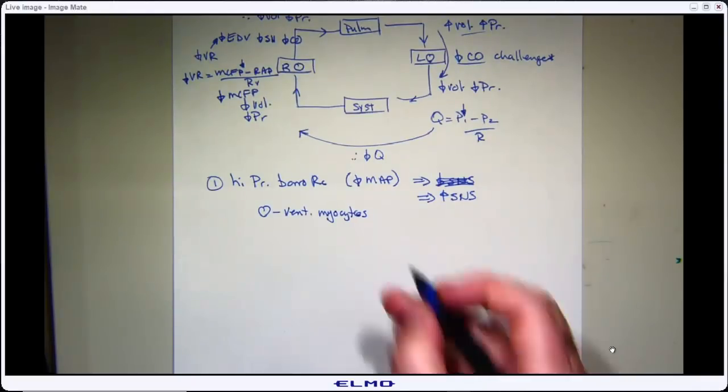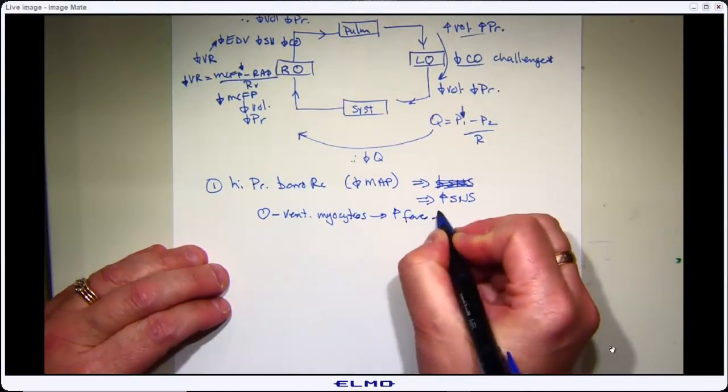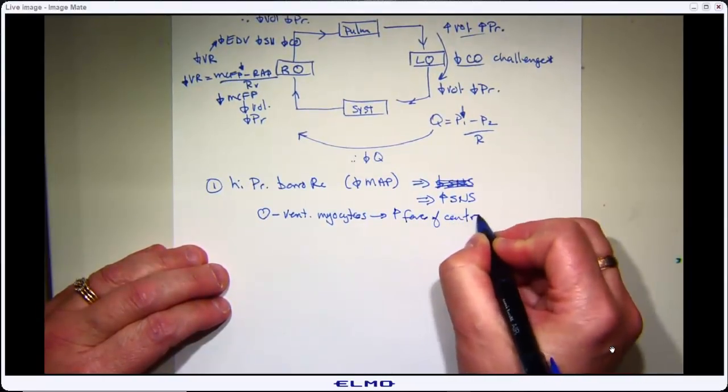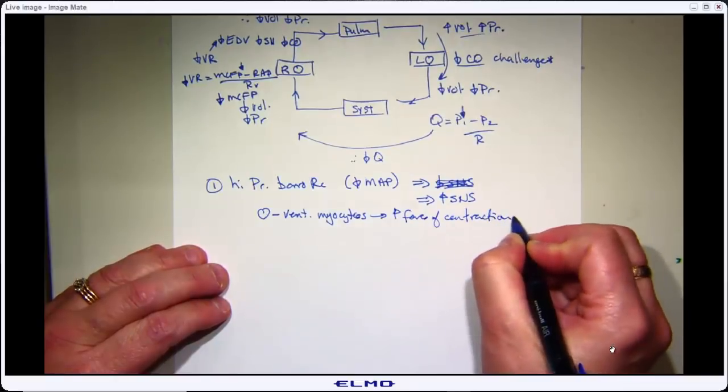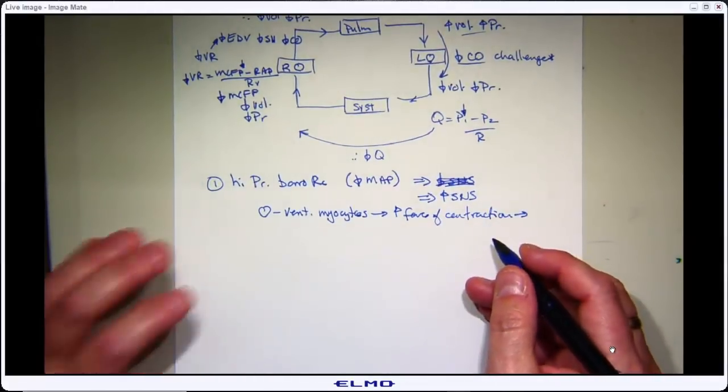Increase contractility, increase force of contraction, right. What was the result of that? Increasing a force of contraction. Increased stroke volume, increased cardiac output. Good.